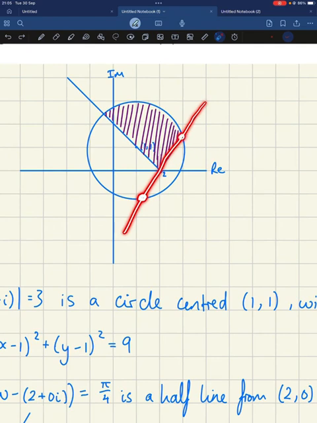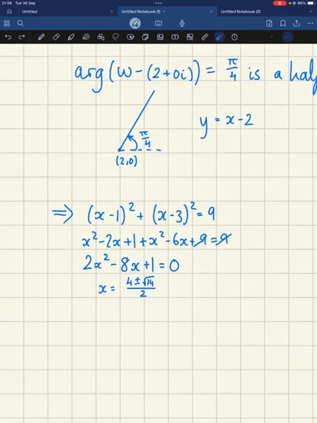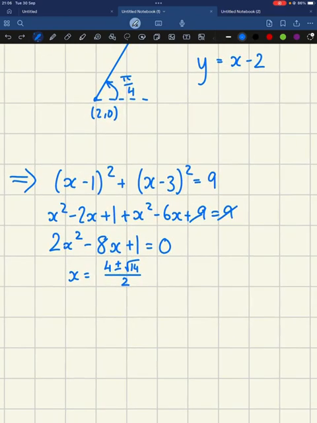We've got an intersection here and an intersection here. So we can clearly see that this x value is going to be more positive compared to this x value, which is going to be more negative. So we know to reject the negative solution. So we can say it's not 4 minus root 14 over 2.